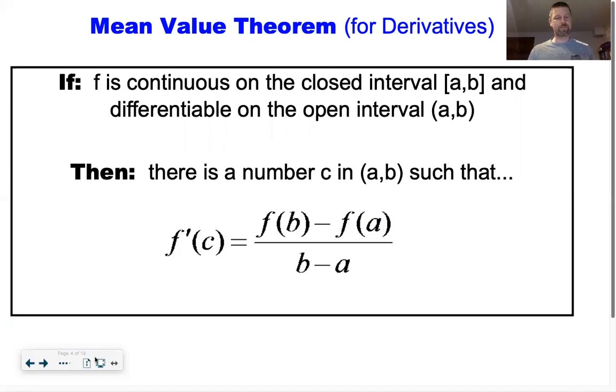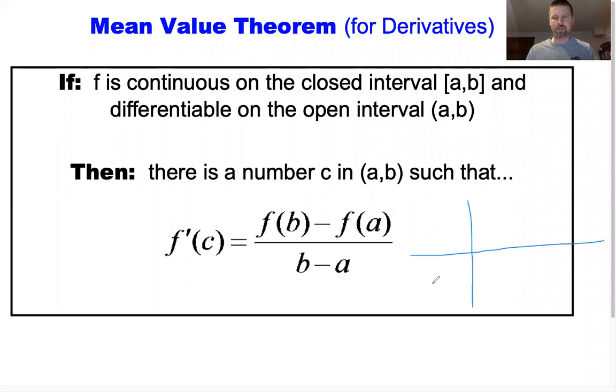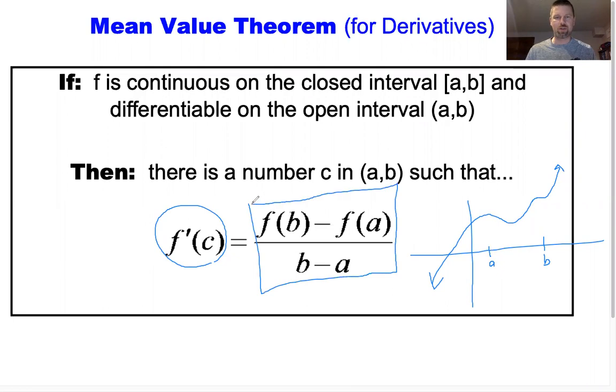What it's saying is, if I've got some graph, and it's continuous from A to B, and also differentiable during that entire interval, there is a number somewhere in there such that the instantaneous rate of change is equal to the average rate of change. Or another way of saying that, the instantaneous slope is equal to the average slope.